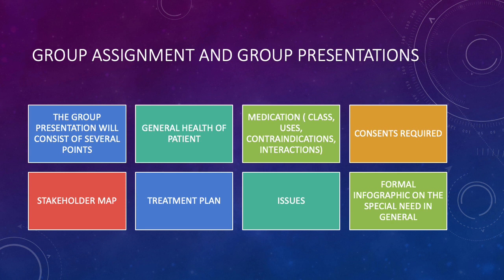And then finally, all of you should participate in an infographic that covers the specific special need in a general way of this patient. So the other 6 points are individual to this patient. The infographic is generalized information about the condition.